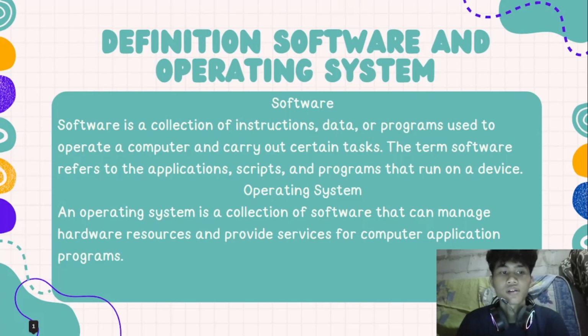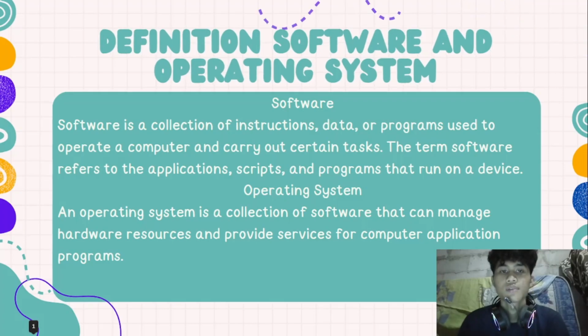The term software refers to the applications, scripts, and programs that run on a device. Operating system. An operating system is a collection of software that can manage hardware resources and provide services for computer application programs.